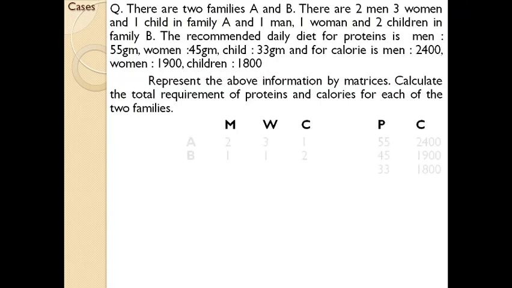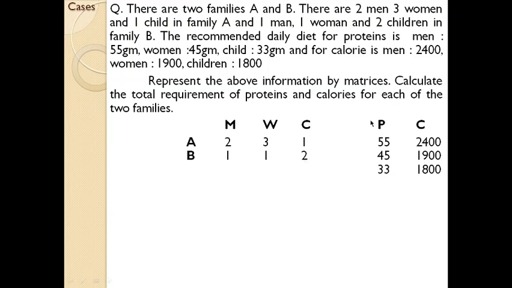So we can write it as this. Here the details of two families are given: A consisting of men, women, children, and B, men, women, children. For A, in the question it is given two men, three women, and one child. In the case of B, one man, one woman, and two children.